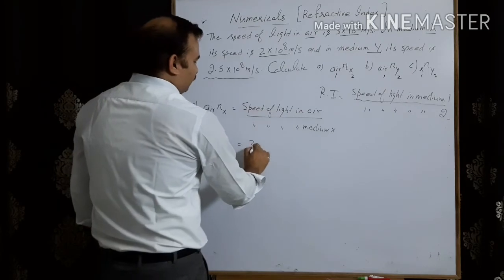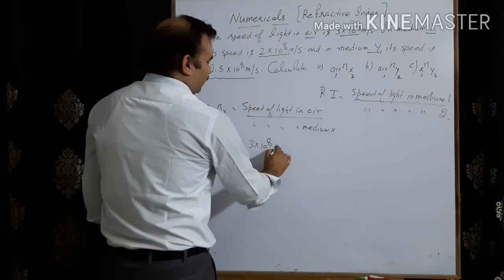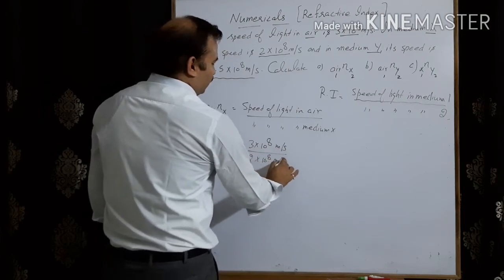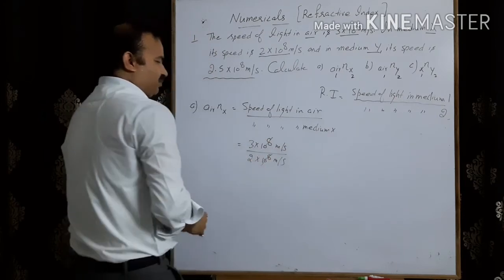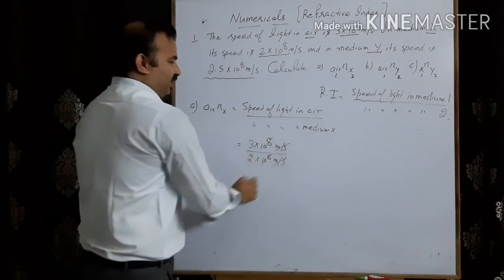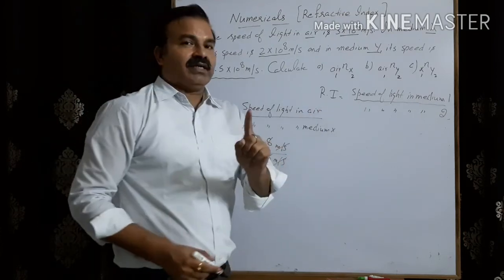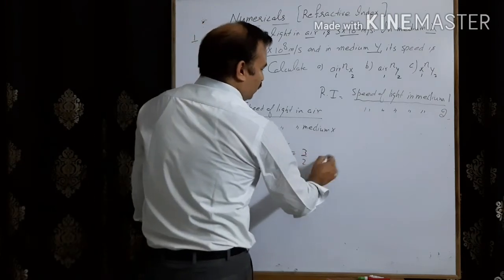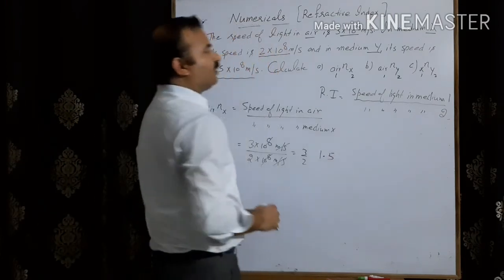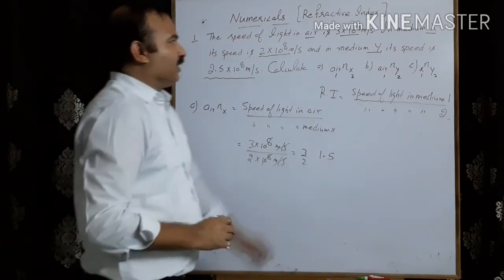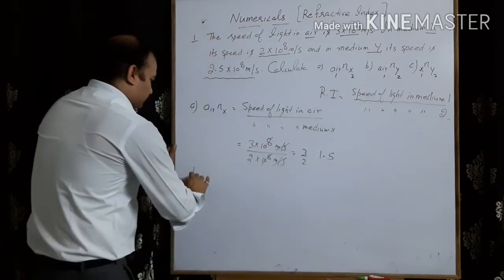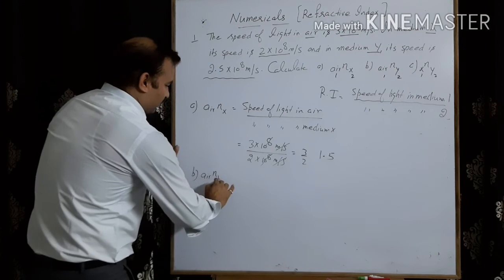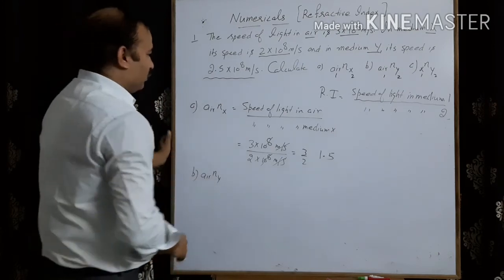That is 3 multiplied by 10 raised to power 8 meter per second upon 2 multiplied by 10 raised to power 8 meter per second. 10 raised to power 8 and 10 raised to power 8 got cancelled. Meter per second cancel. Refractive index is a ratio, so no unit. And this we have got as 3 by 2. We divide, we got 1.5.